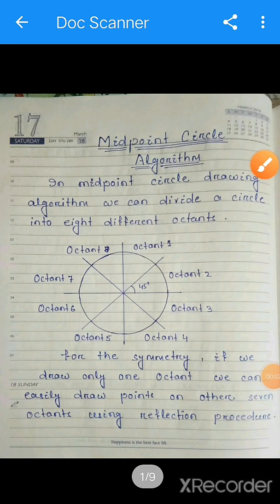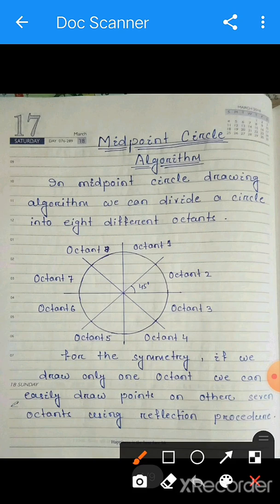In the midpoint circle drawing algorithm, mainly we can divide a circle into 4 quadrants. This one is the first quadrant, then the second quadrant, this one is the third quadrant, and this one is the fourth quadrant.